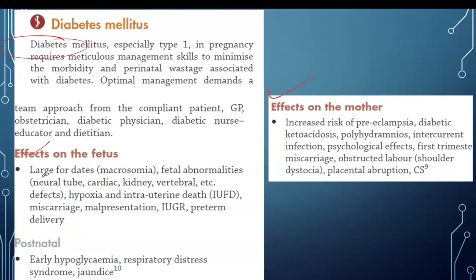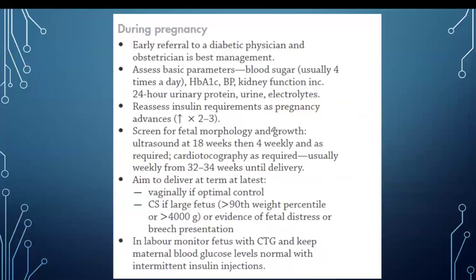For the baby, it can be large for dates, which is macrosomia, with increased weight, and lots of fetal abnormalities can happen. For the mother, there is increased risk of preeclampsia and polyhydramnios, so lots of effects are there. So managing diabetes during pregnancy is very, very important.